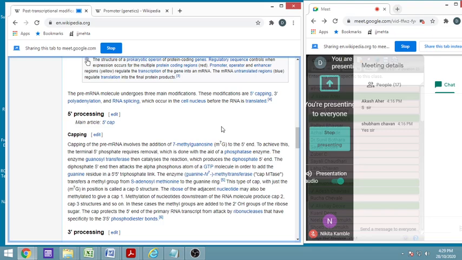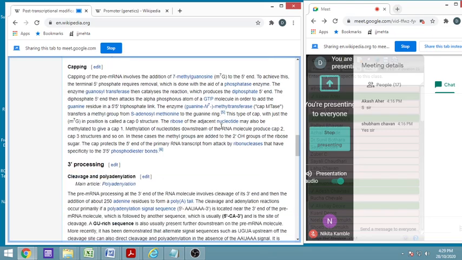So, first thing is the 5' processing. It happens because of the addition of a 7-methylguanosine structure at the 5' end with various enzymes like phosphatases, and these enzymes cause the attachment and thus produce the cap.